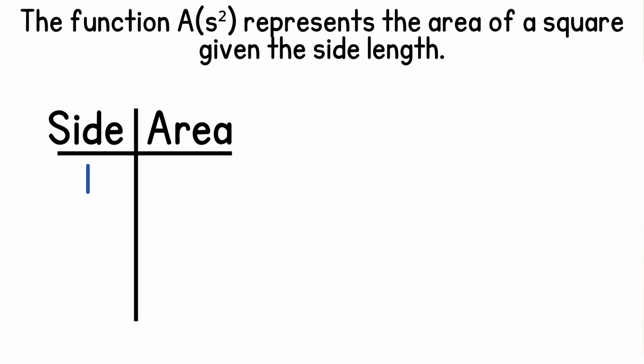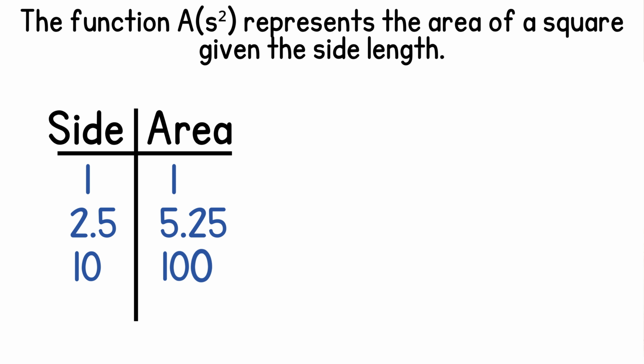If we have a side length of 1, then we'll also get an area of 1, since 1 times 1 is 1. If we have a side length of 2 and we square it, we'll get an area of 4. If we have a side length of 10 and we square it, we'll get an area of 100. And if we have a side length of negative 10, we'll also get 100 when we square it.